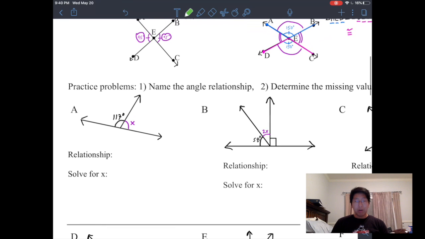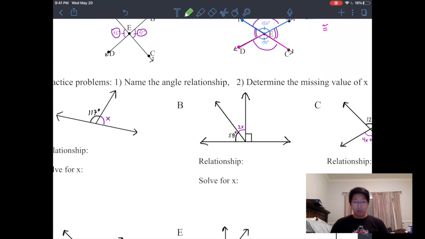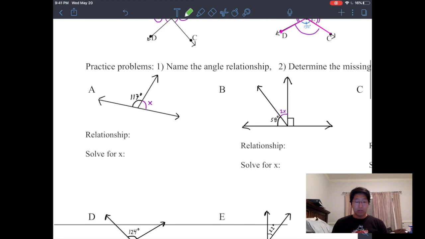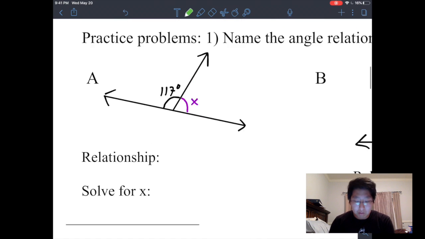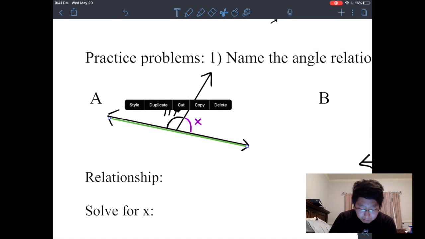So here, in these practice problems, we're going to name the relationship, and then we're going to determine the value of x. The first example we have, the relationship between 117 degrees and x, is a straight line. And when there's a straight line, we can say that they are supplementary.